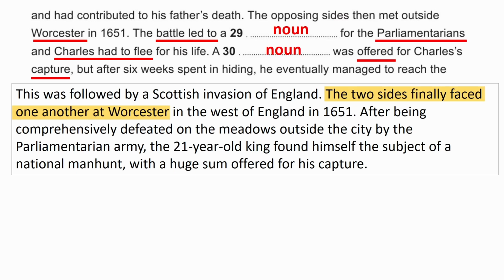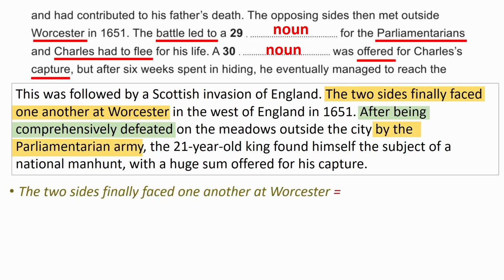The paraphrase for that in the text is in line 1. The two sides finally faced one another at Worcester. And after being comprehensively defeated by the parliamentarian army, the king had to run away, right? So the two sides finally faced one another at Worcester.